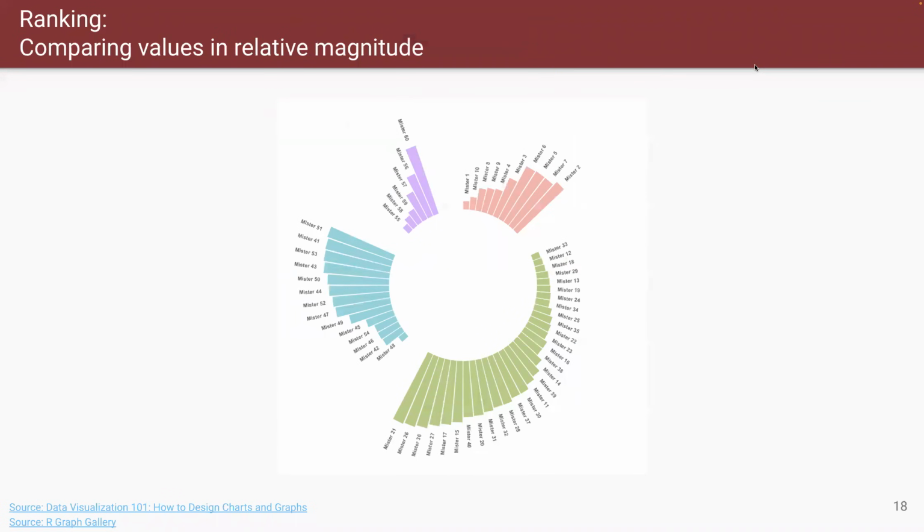One more thing we can think about is ranking. When we get quantitative information, we can make a rank for each item, right? So let's say you have the gene expression of all genes in the human genome.